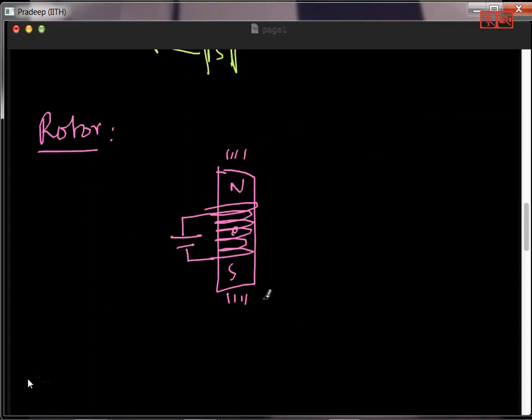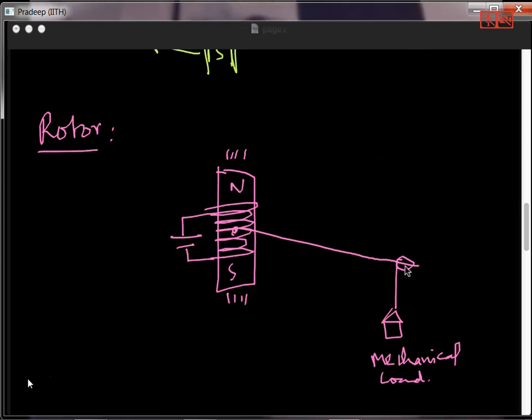And since it is a motor, there is a shaft coming out of it, and then there is some mechanical load available here.